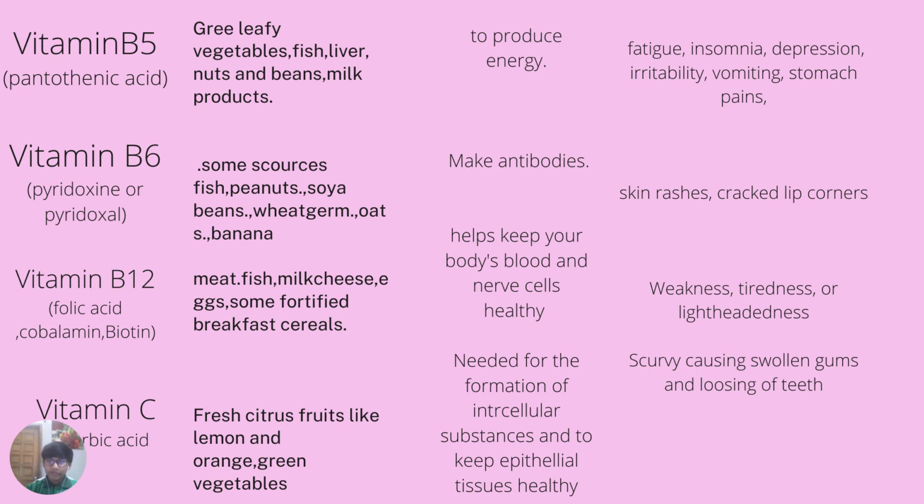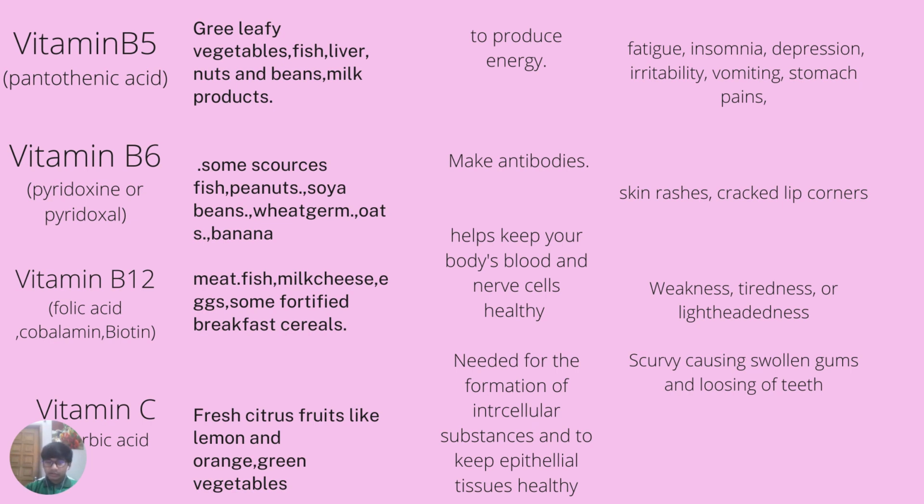Meat, fish, milk, cheese, eggs, and some fortified breakfast cereals are some sources of this vitamin. It helps to keep our body's blood and nerve cells healthy, and if deficiency of this vitamin occurs in our body, it will lead to weakness, tiredness, or lightheadedness.